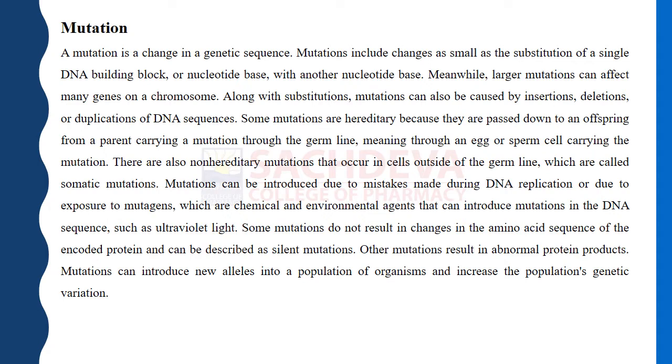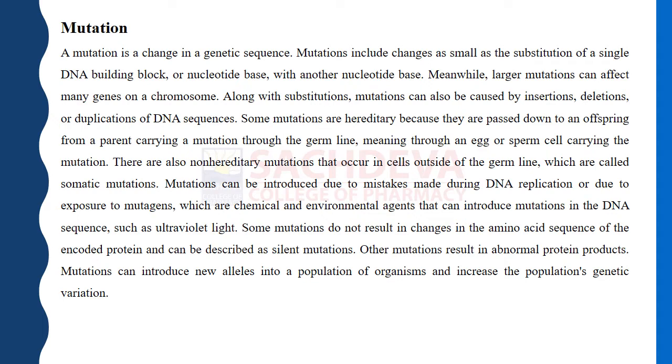Some mutations are hereditary because they are passed down to an offspring from a parent carrying the mutation through the germline, meaning through an egg or sperm cell carrying the mutation.